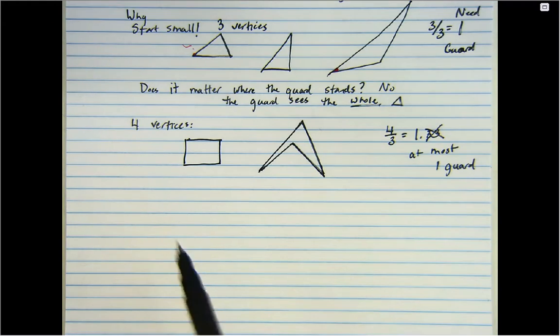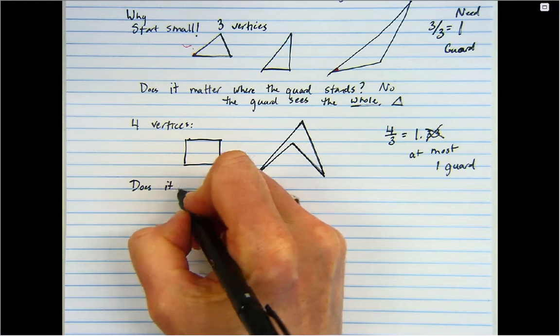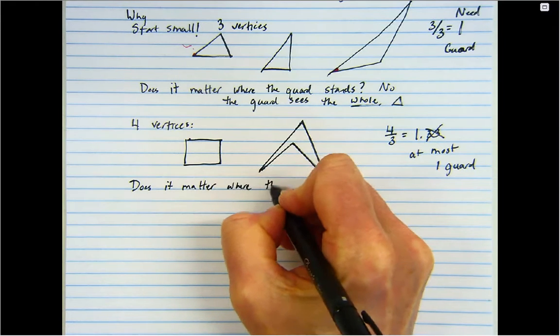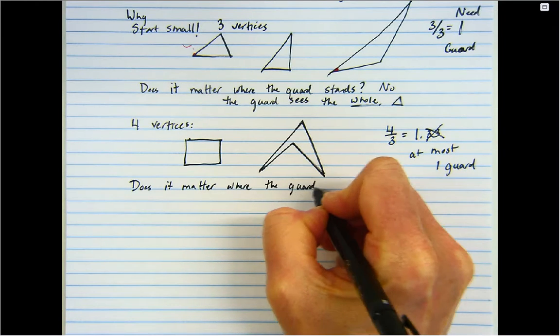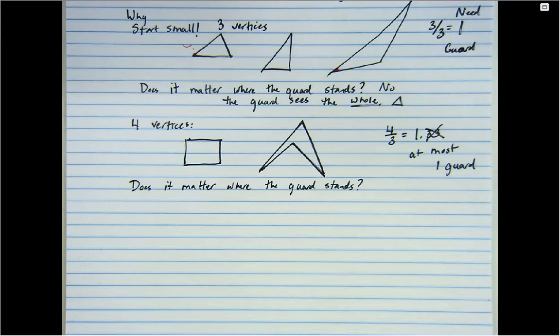So let's look at these shapes and decide, does it matter where the guard stands? So the guard has to stand at a corner. Okay, always in this problem, the guard stands at a corner.